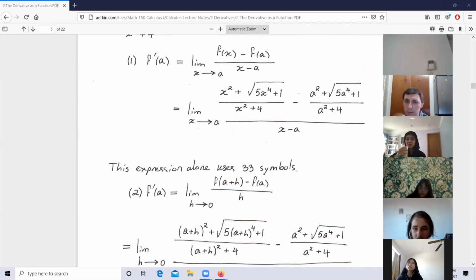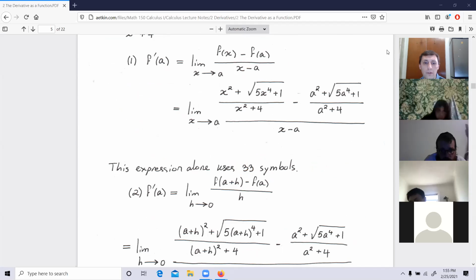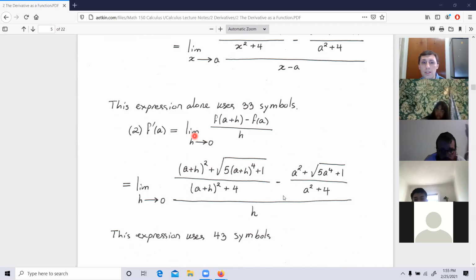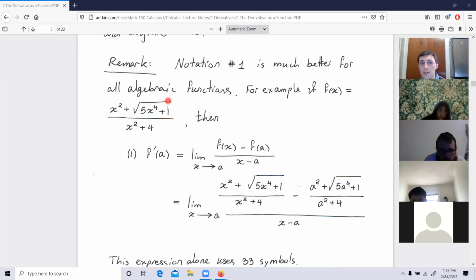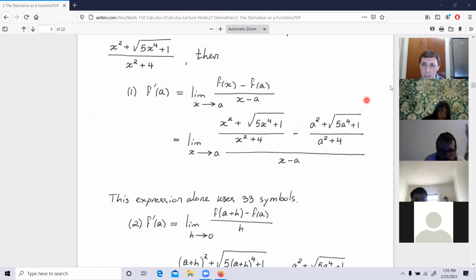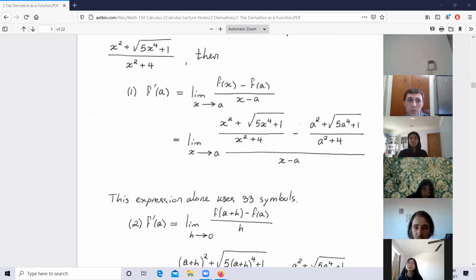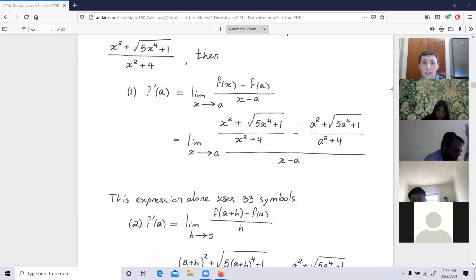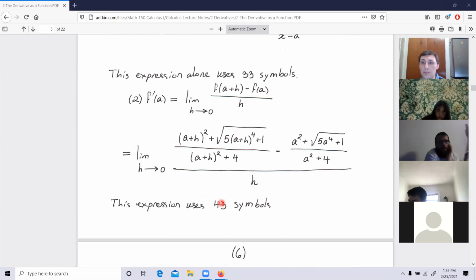You can count them if you want, 33 symbols. Now, if I use notation 2 for the same expression, I'm not asking you to carry the limit, just look at how many symbols are used. Just writing it once, I wrote here 43 symbols.